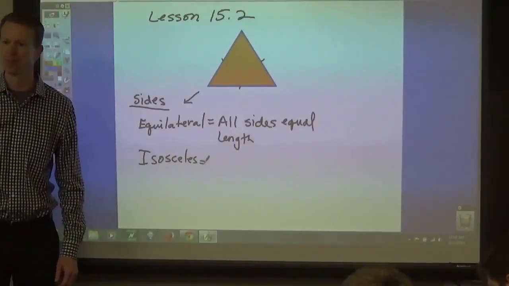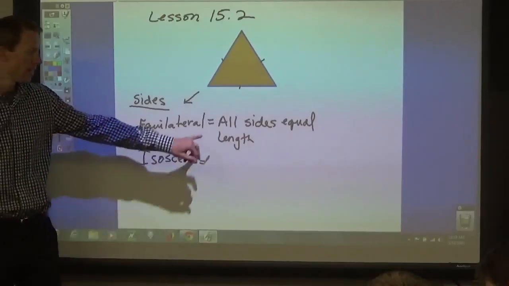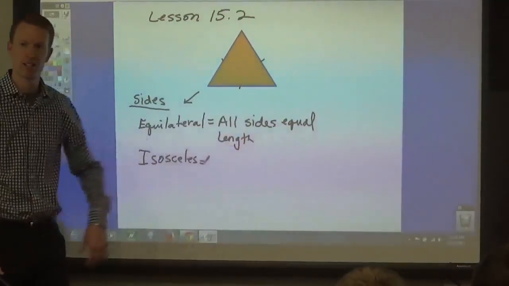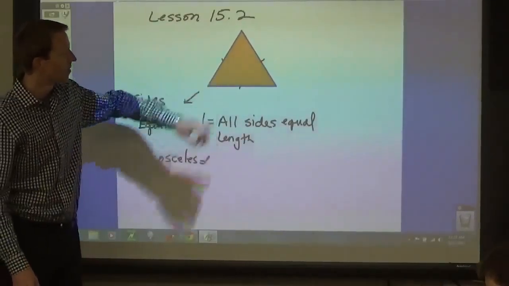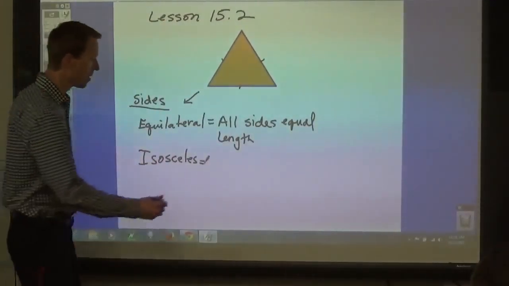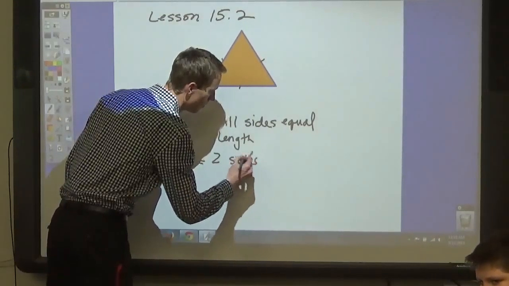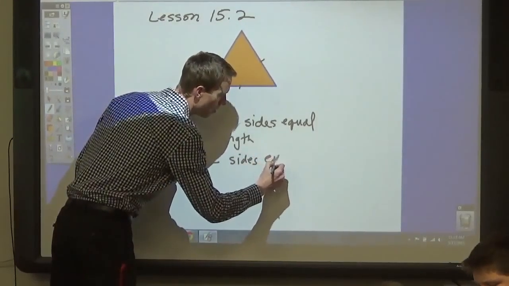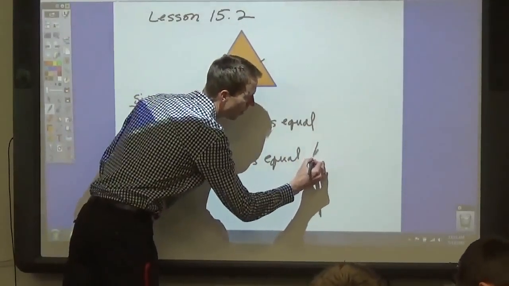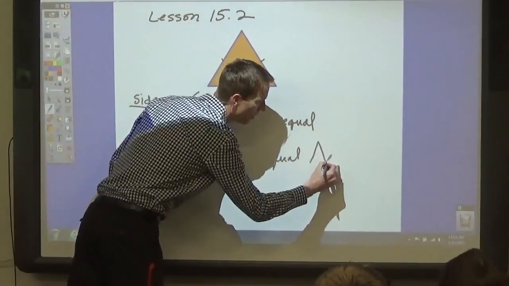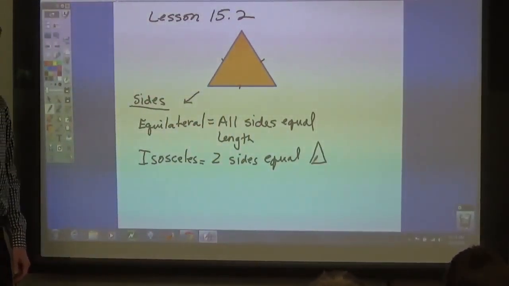Isosceles. It doesn't have all sides equal, but it has 2 sides equal. Alright? So, if I were to sketch an isosceles triangle, it would be kind of like that.